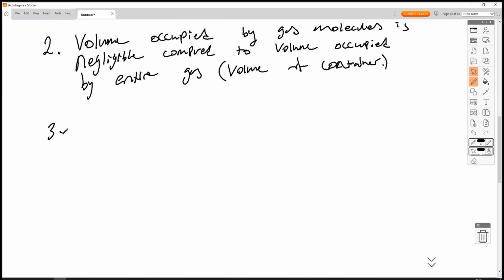Number 3 is that all collisions are elastic. So energy is not lost.